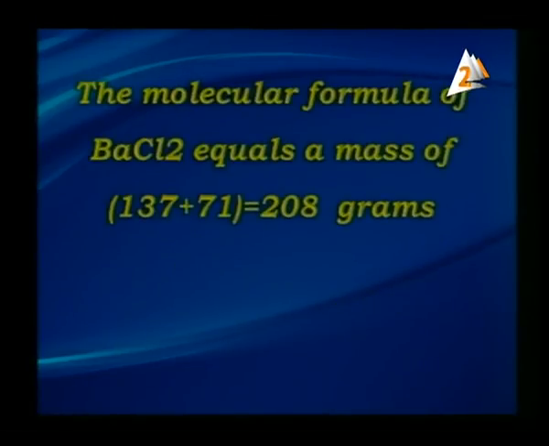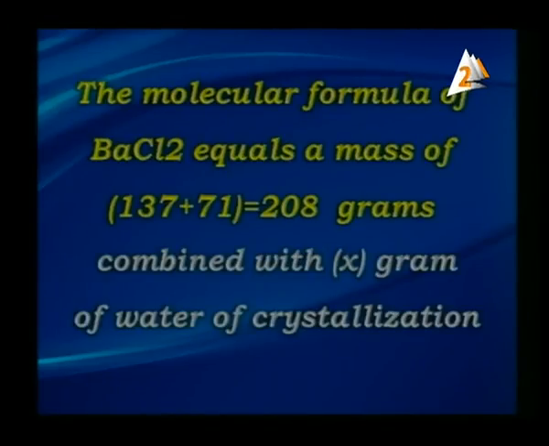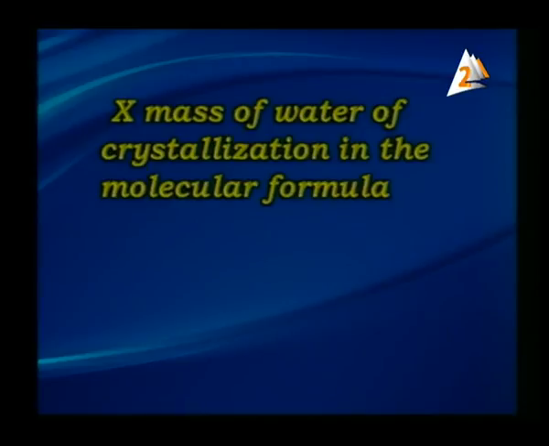What else after that? For the molecular formula of BaCl2, we have 208 grams. This is the total mass of the barium chloride, combined with X grams of the water of crystallization. This gives the X mass of the water of crystallization in the molecular formula.